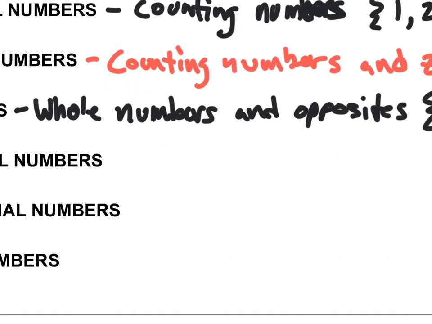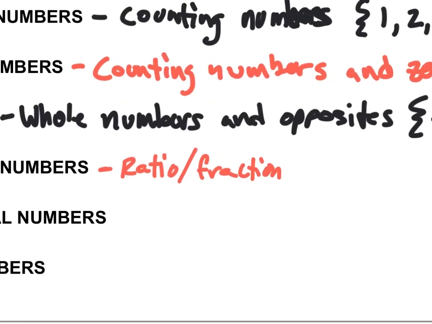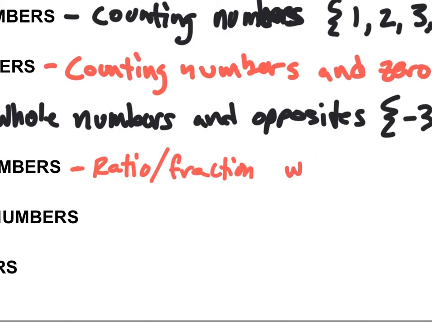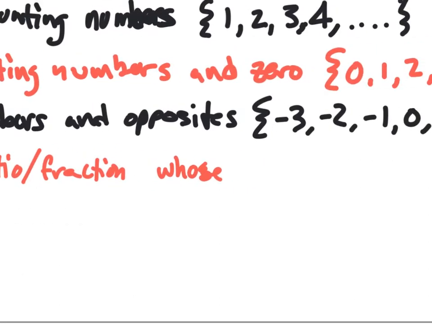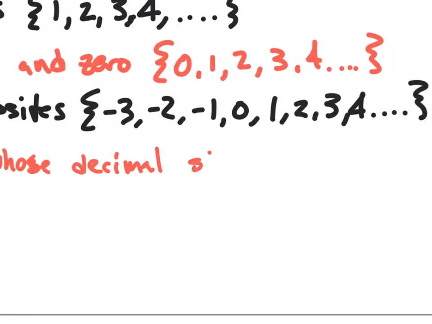All right, let's talk about what a rational number is. This is a ratio, a fraction, whose decimal stops or repeats.